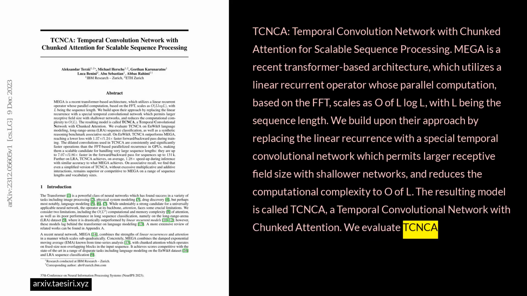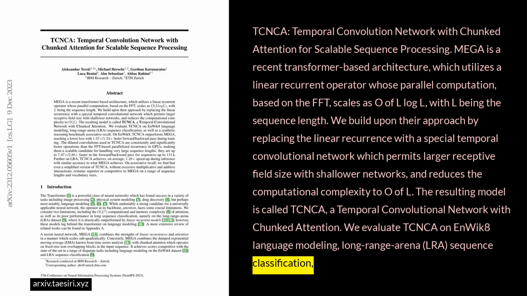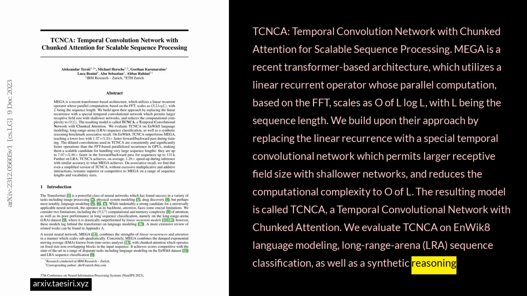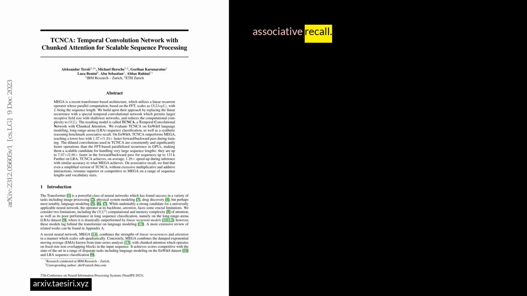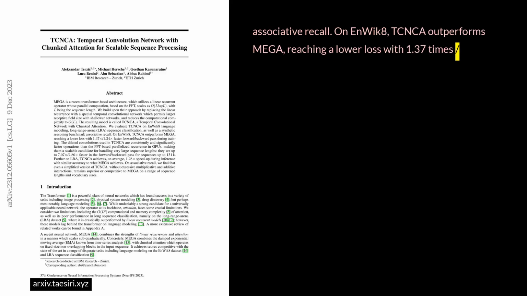We evaluate TCNCA on enwik8 language modeling, long-range arena, LRA, sequence classification, as well as a synthetic reasoning benchmark, associative recall. On enwik8, TCNCA outperforms MEGA, reaching a lower loss with 1.37 times, 1.24 times faster forward-backward pass during training.